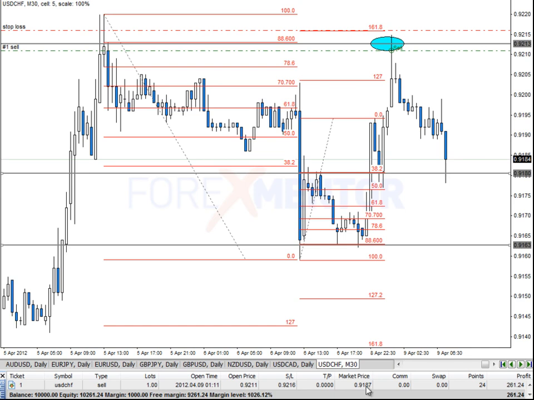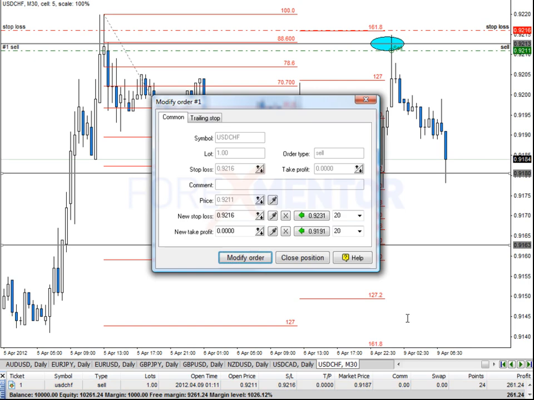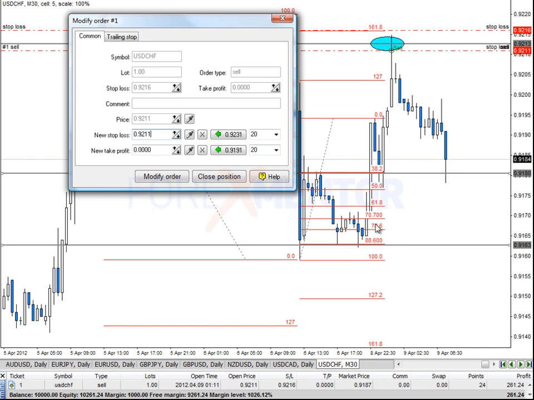What I'm going to do now is move the stop loss to break even. So 92.11 was the entry, and the target, what I want to do is look at going for this target here, and the area I'm interested in is this 79 level here, see this little order block here, this blue candle.